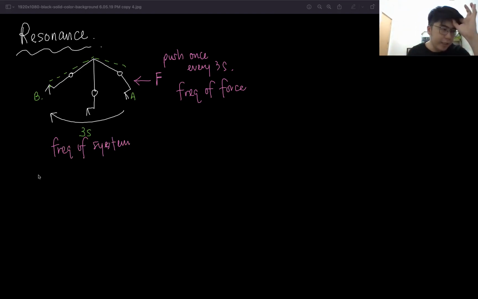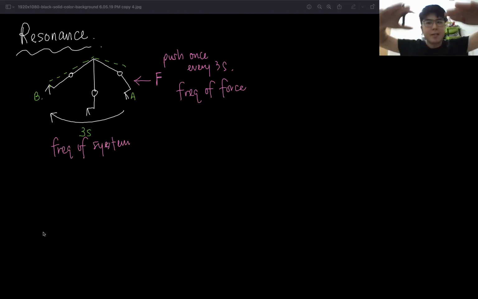There was a bridge in England, I forgot what's the name already. 200 French soldiers crossed the bridge and they marched when they crossed it. And when they march, all their footsteps are in unison, at the same time.